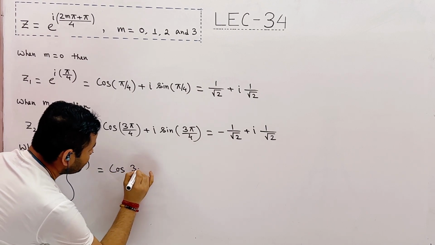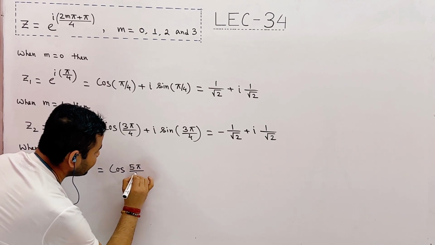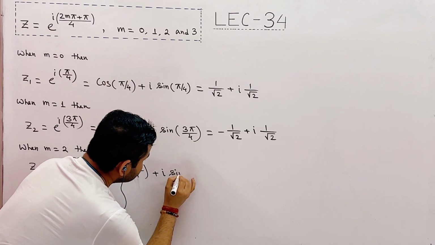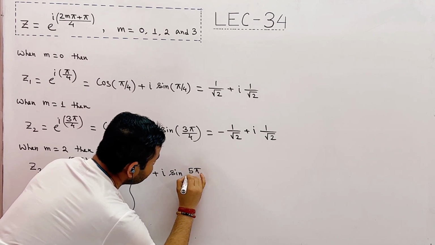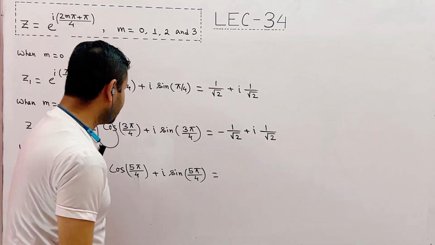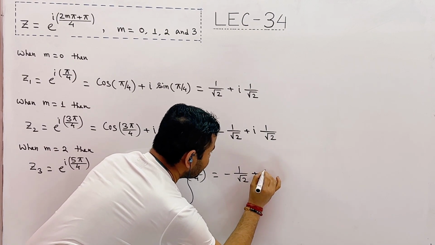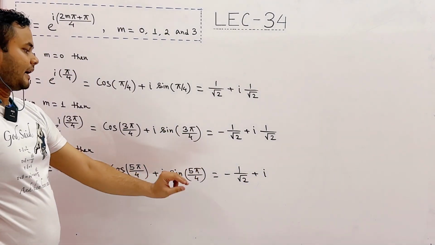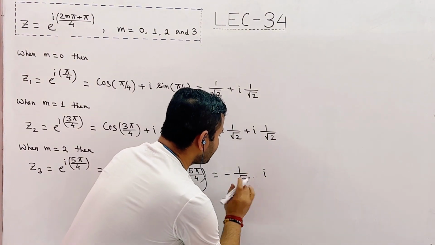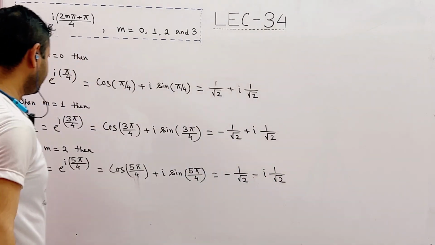Cos 5 pi divided by 4 plus iota into sin 5 pi divided by 4. We know cos 5 pi by 4 is minus 1 by root 2 plus iota, sin 5 pi by 4 is minus 1 by root 2. So, finally, we will get minus 1 by root 2 minus iota into 1 by root 2.